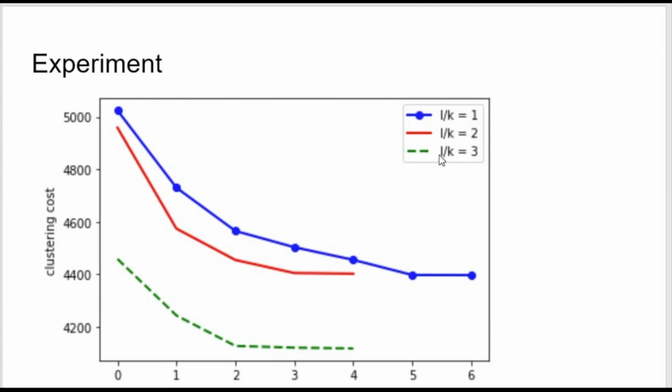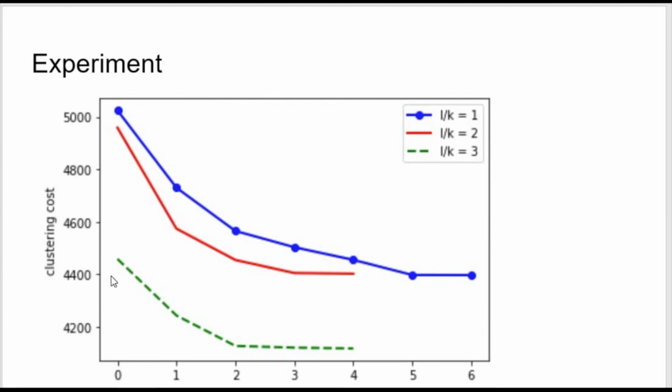This will help you eliminate some of the outliers, and outliers have a lower chance of being picked as a new center, which will give better performance. But as the number of centers you need to sample at each iteration becomes larger, the runtime will start to increase. So we need to choose an L over K that balances runtime and performance.